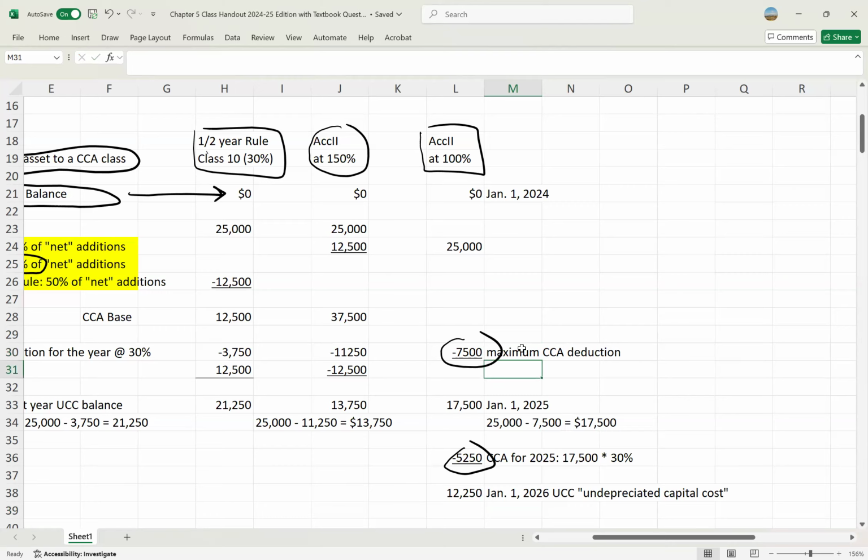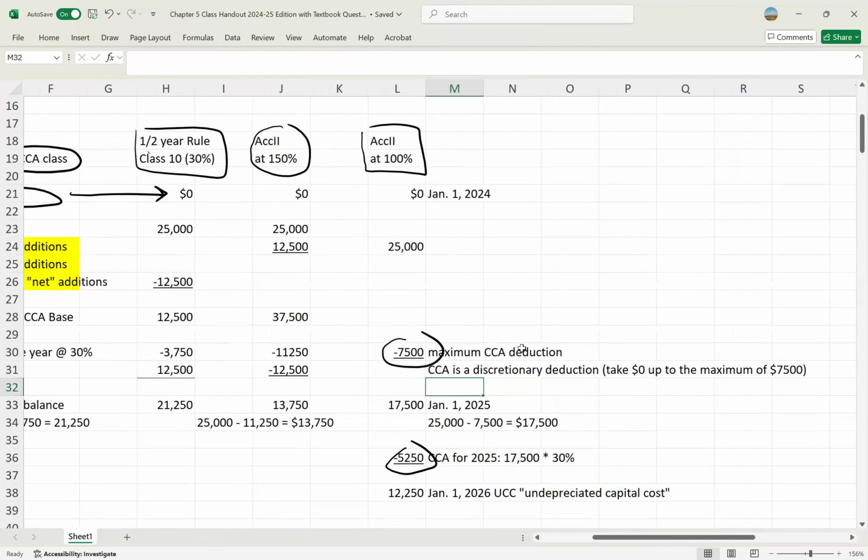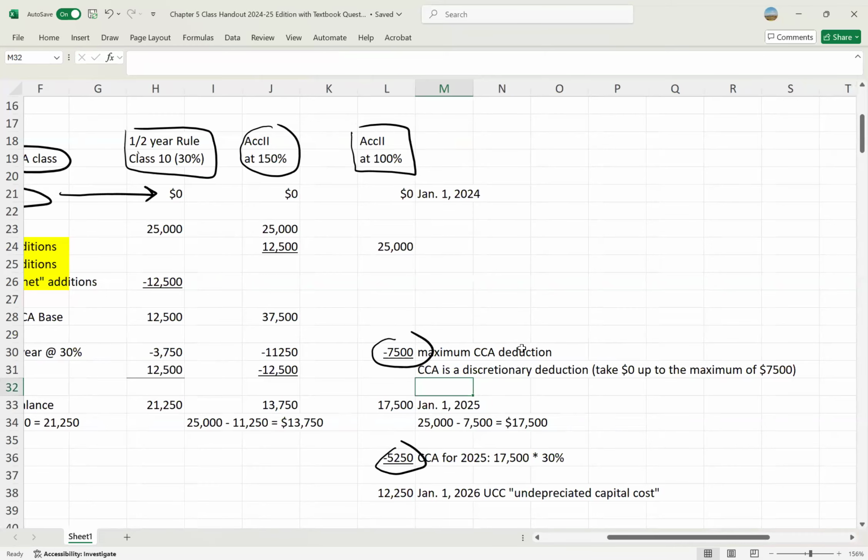But the thing about CCA is that CCA is a discretionary deduction. And what that means is you can take 0 up to the maximum of 7,500. So if a company is losing money, they're already at a loss of income, then they may not decide to take any CCA because that would just increase the loss.